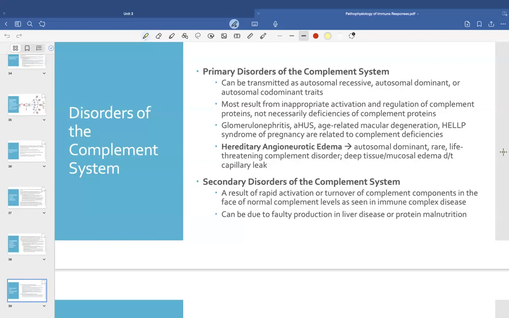Or there can be rapid activation of complement and turnover of some of these complement products, which we can see in different disease processes. You utilize them too quickly in an overwhelming response, and then you secondarily deplete them for a while.